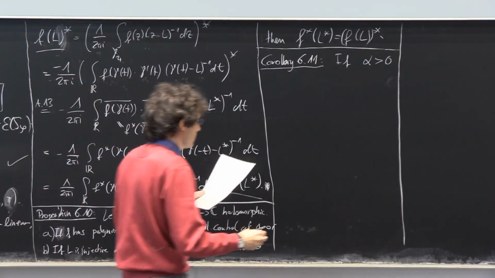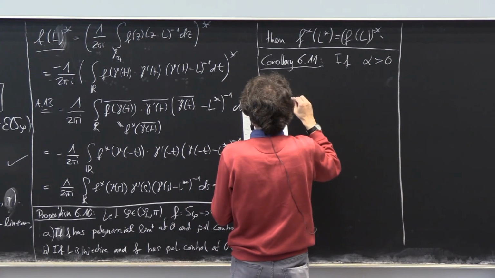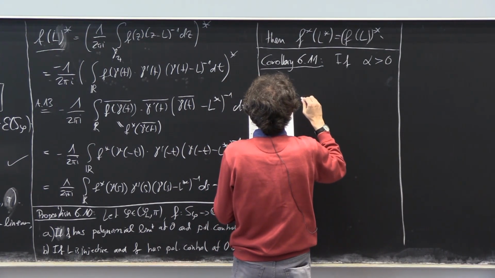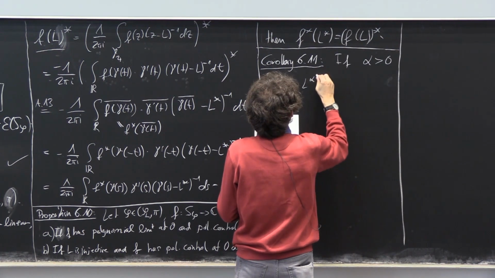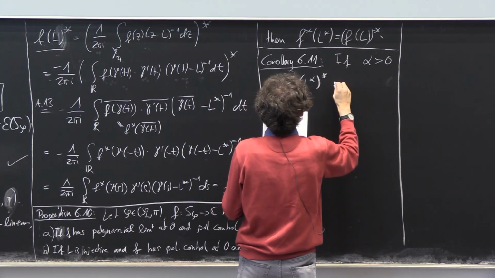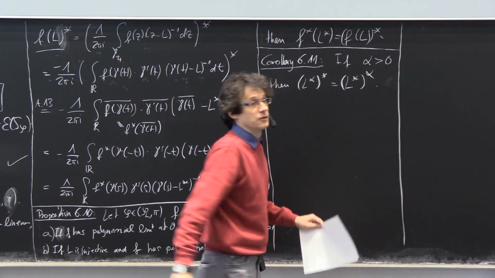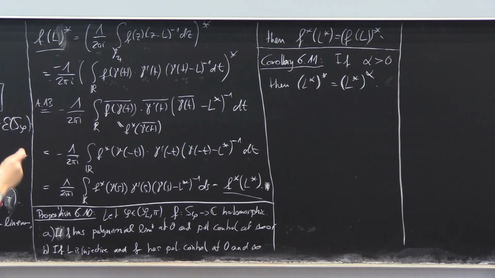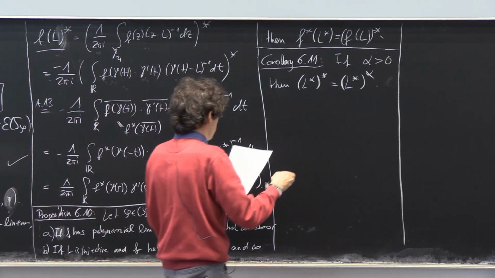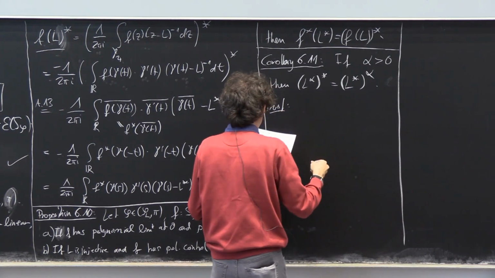For real positive exponents, I claim that the adjoint of L to the alpha is nothing else than L star to the alpha. So for real positive exponents, you can exchange adjoints and the power. And the proof is now two lines.